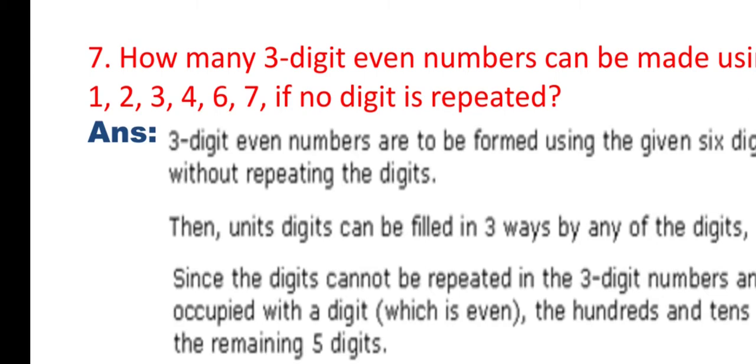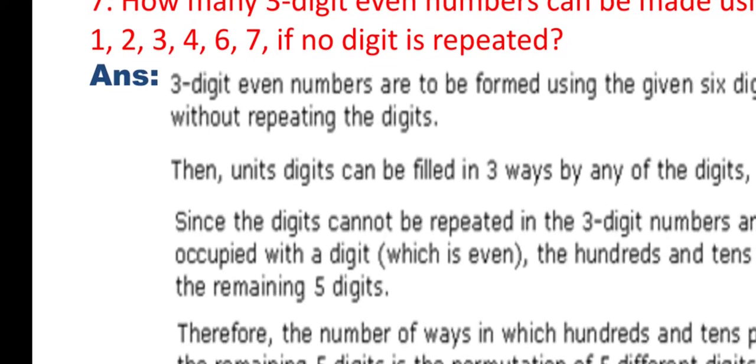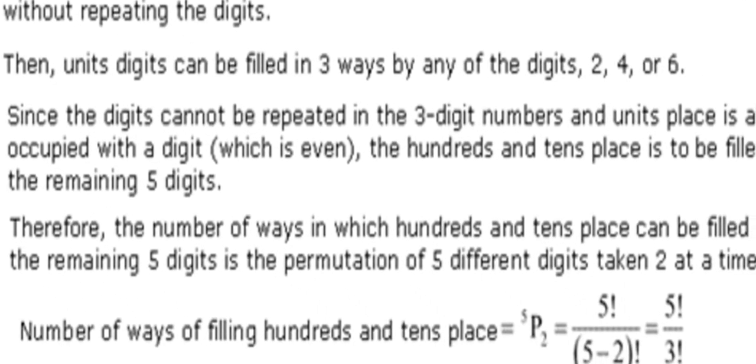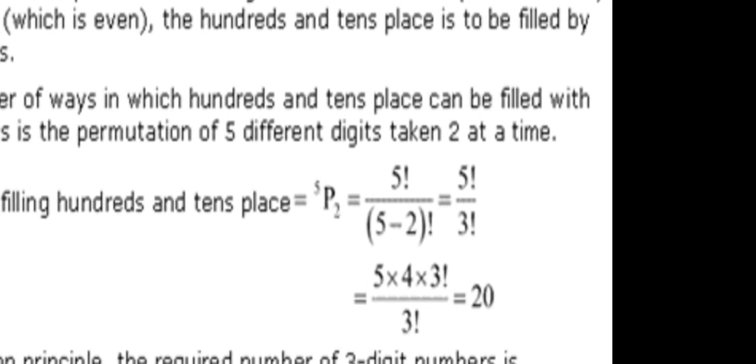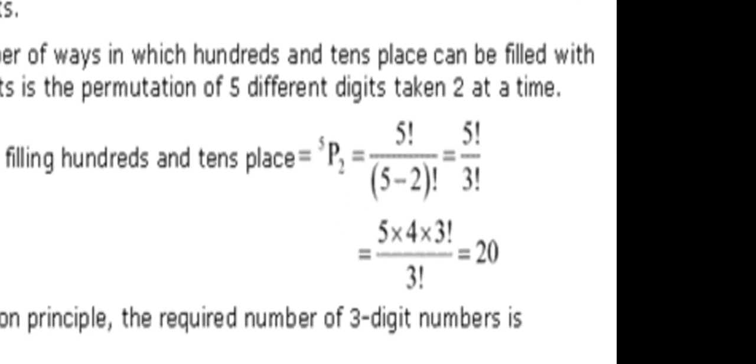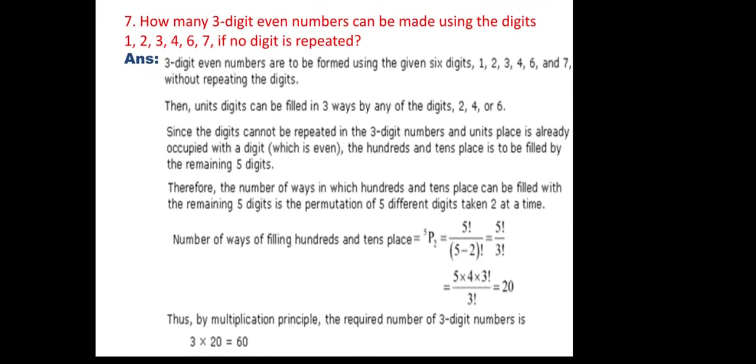So the permutation will be 5P2, the total number of ways. 5P2 is factorial 5 by factorial 5 minus 2, so its answer is 20.